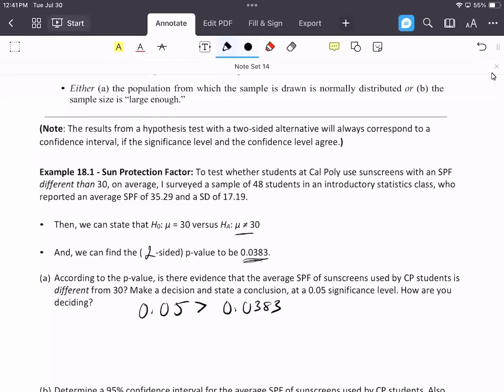Remember, as long as the significance level is greater than the p-value, we're going to reject the null. So we have evidence, based on the p-value being less than 0.05, that the SPF for all Cal Poly students is different from 30. All right, so very similar to what we did earlier, except that now we're looking at a two-sided test.